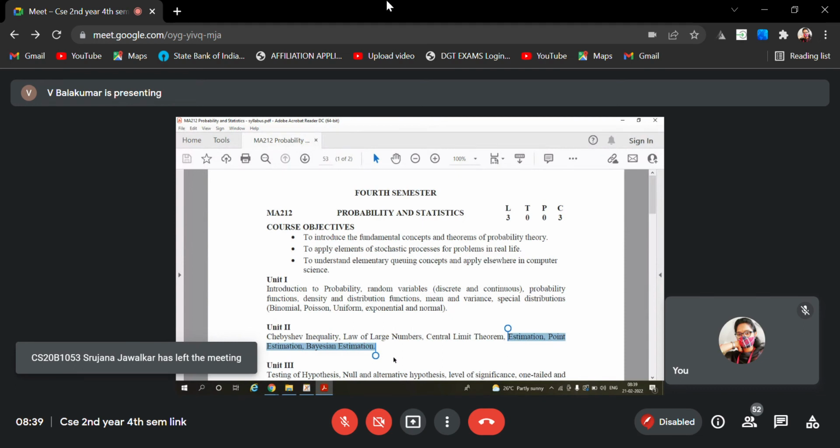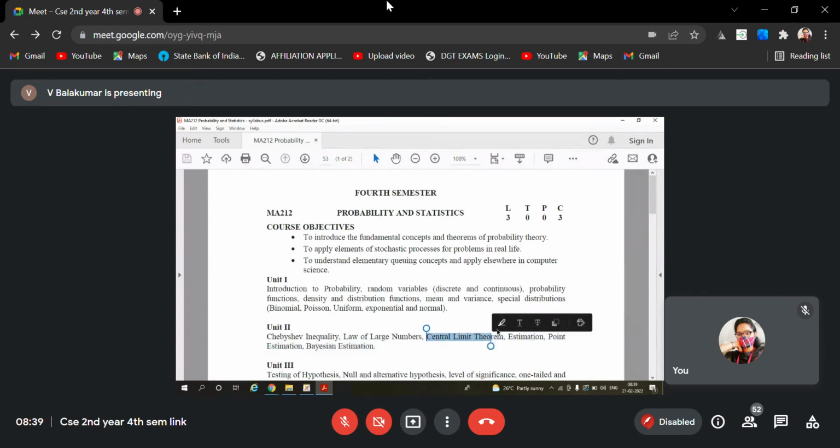So far we have discussed only probability. Statistics will be discussed after 2-3 days, maybe from next week, or if possible in the last class of this week. Till then we shall discuss probability. First we shall look at the central limit theorem, then the Chebyshev inequality and the law of large numbers.